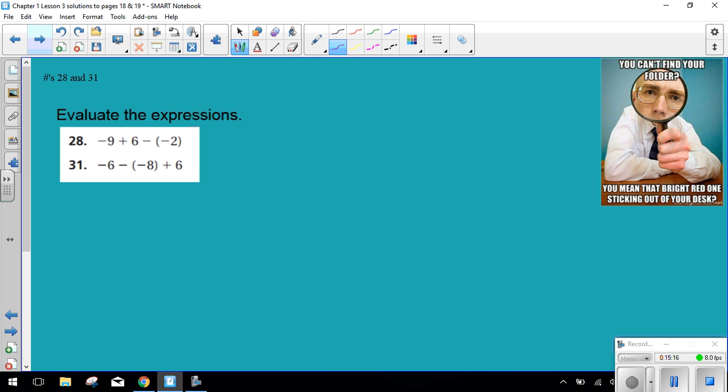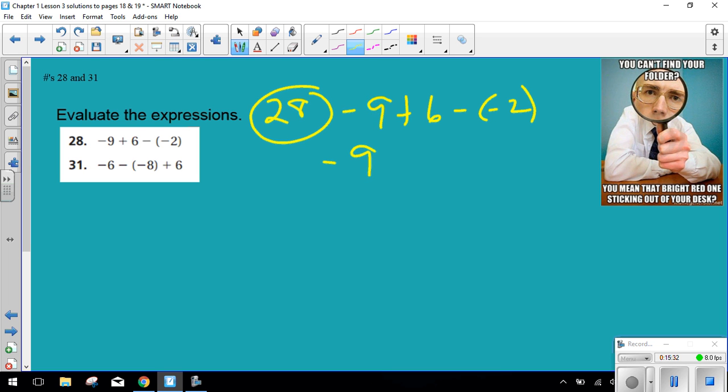Okay, 28 and 31, we're going to simply evaluate. Remember, evaluate is a fancy word for solve. So for 28, we have -9 plus 6 minus -2. So I'm going to rewrite any spot I see minus. So -9 plus 6 minus, that becomes plus. Then we take the opposite, which would be 2.